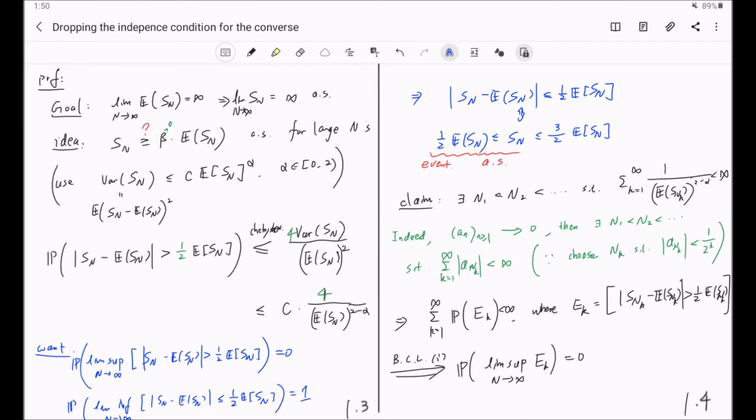There are mainly two tricky parts. One is the idea of making this choice. We want to find such an inequality where we can bound S sub n below by some constant times its expectation for large n's almost surely, so that you can use the hypothesis where this limit of expectations is infinity.